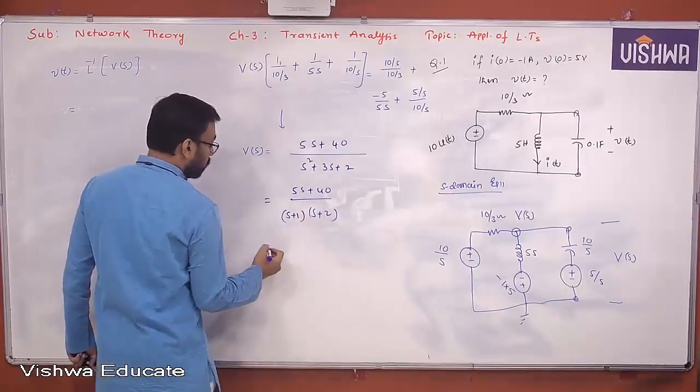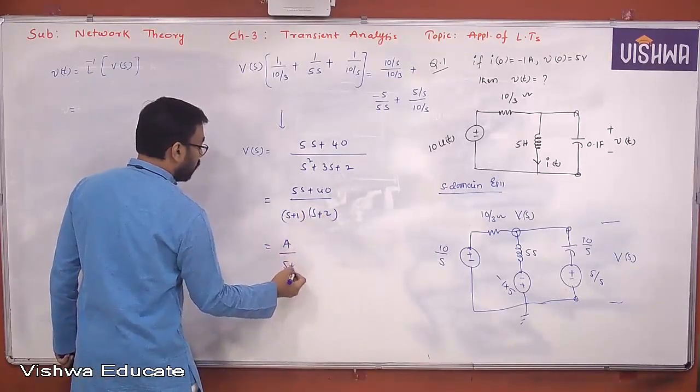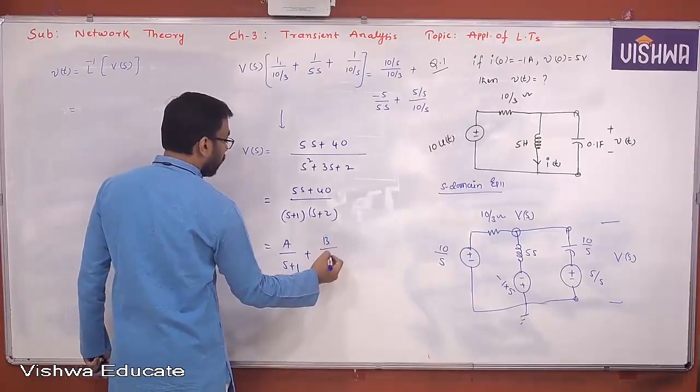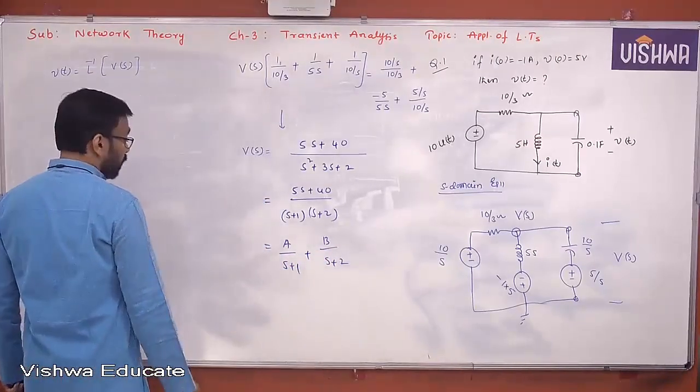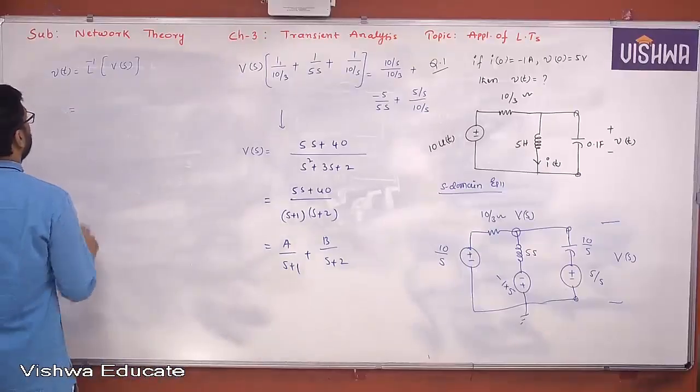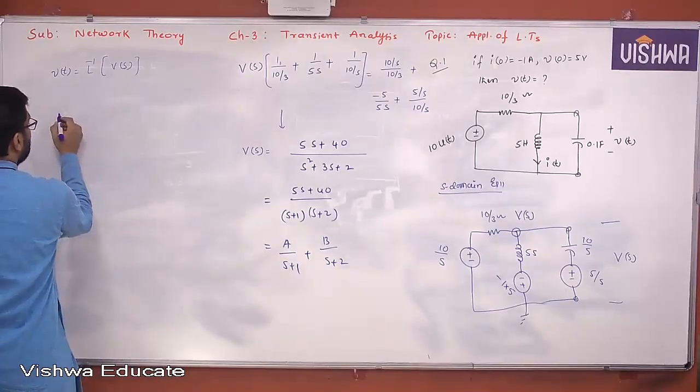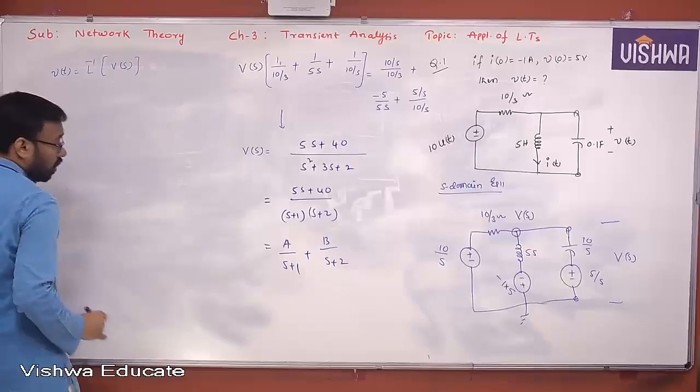Yes or no? So A by S plus 1, I think all of you got this, B by S plus 2. The method of residues will give you inverse Laplace transformation if you want to find. So what is that A value?